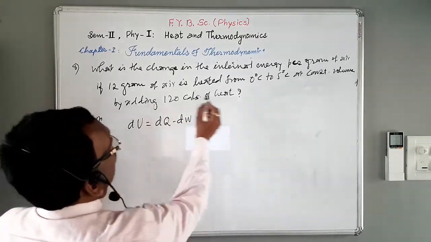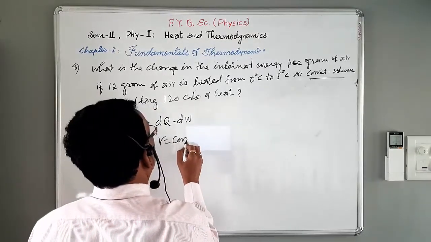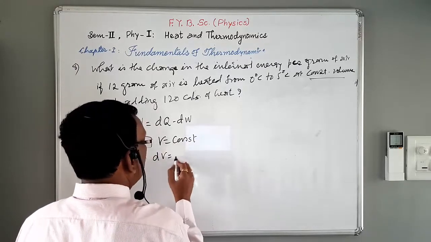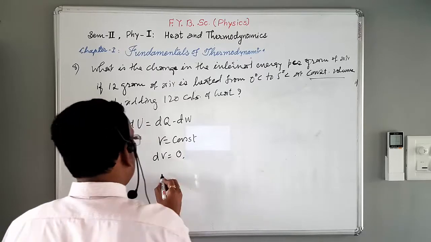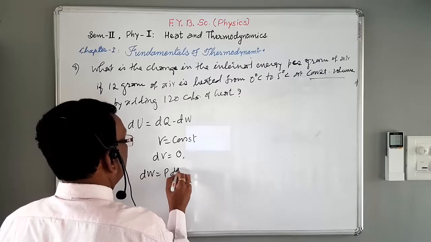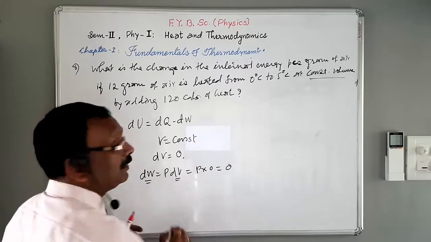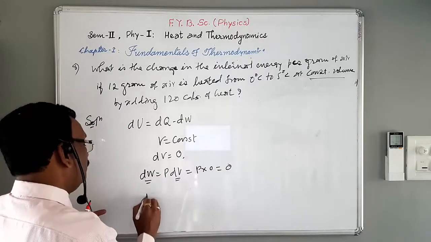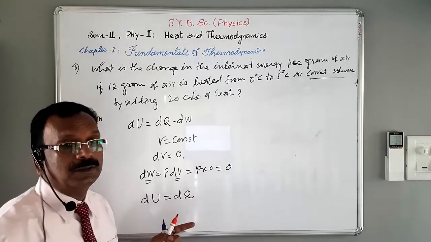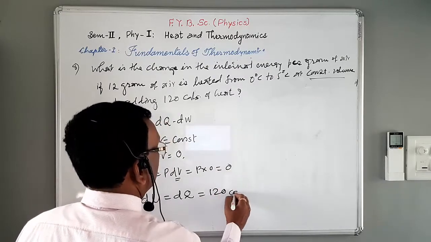Again, at constant volume, that is V is equal to constant, the change in volume is 0, and when change in volume is 0, then work done dW is equal to P dV, that is P into 0 is equal to 0. Work done is also 0, and simply dU is equal to dQ, and the value of dQ is nothing but 120 calories.